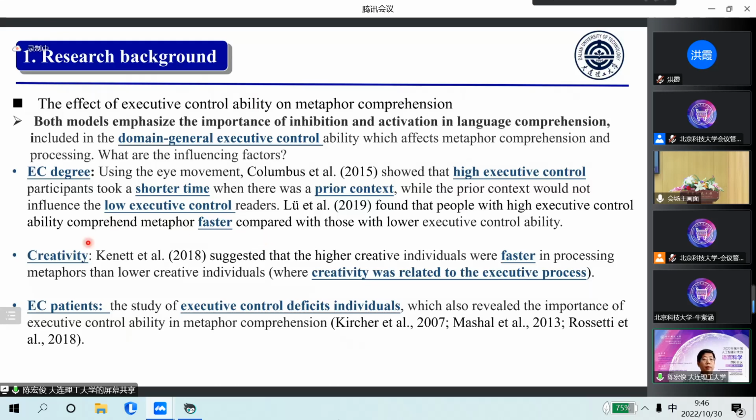Some other studies, like Kenneth's, looked at creativity, whether it is important to metaphor comprehension, because creativity is also related to executive function, and also suggest that more creative individuals are faster, right? And patient studies show similar results.